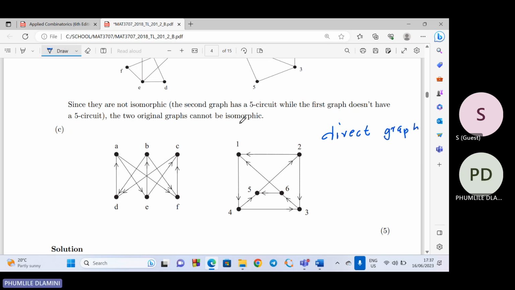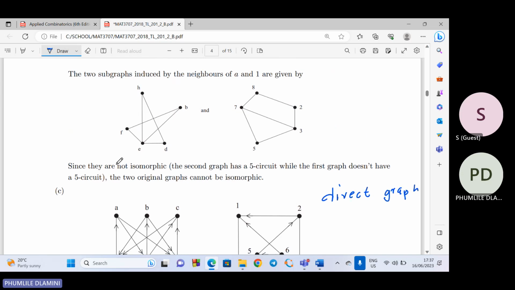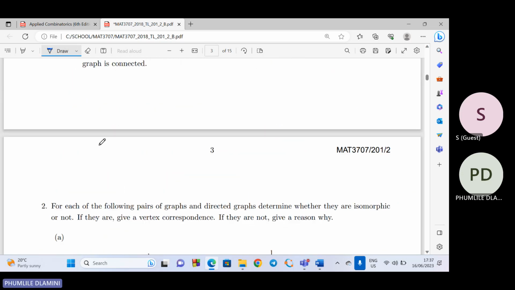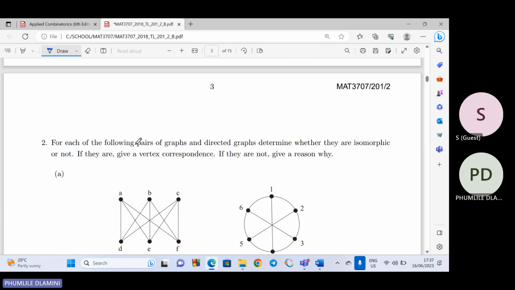I haven't read the question, so what does the question say in C? For each of the following pairs of graphs and direct graphs, determine whether they are isomorphic or not. If they are, give a vertex correspondence. If they are not, give a reason why.